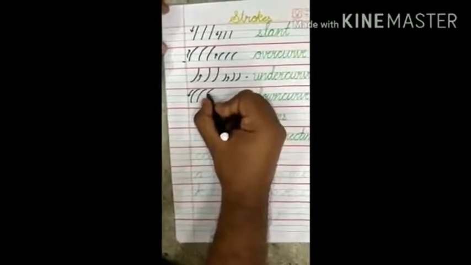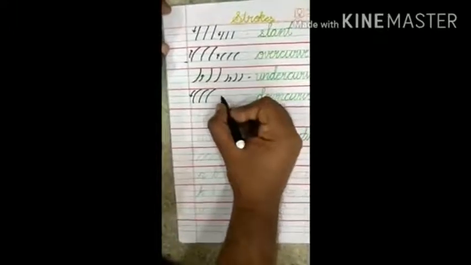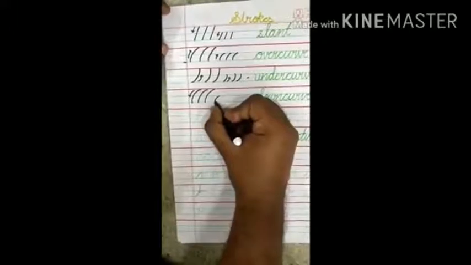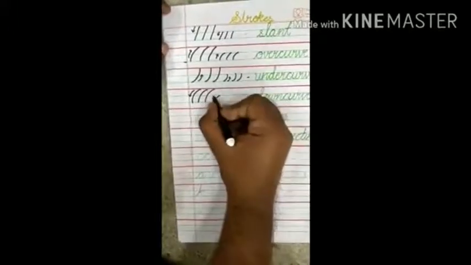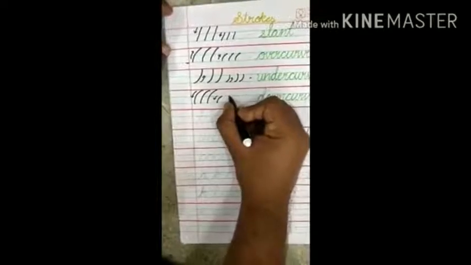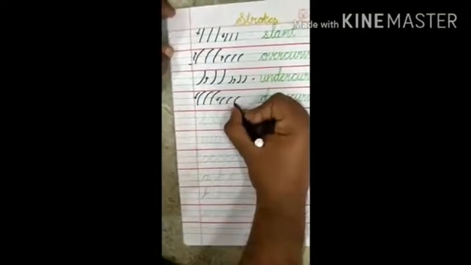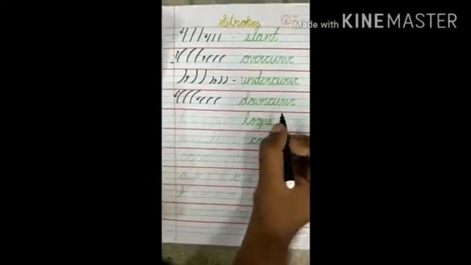Or we have to draw from the middle line to the base line like this. These are also down curves. Like this, these down curves are drawn.